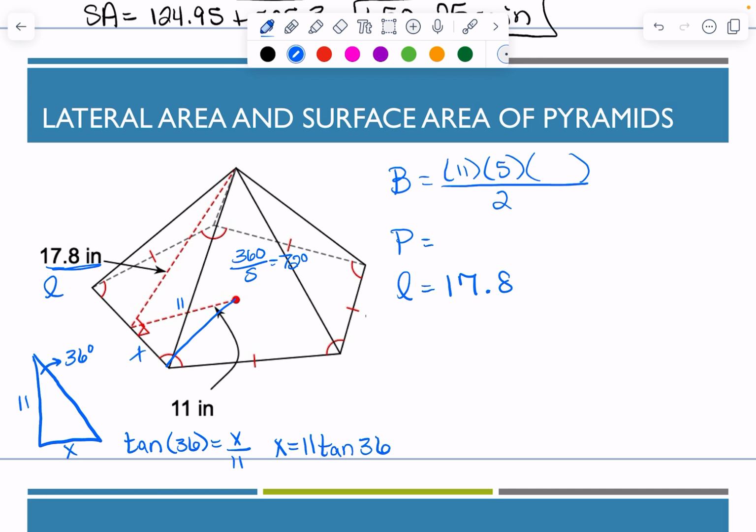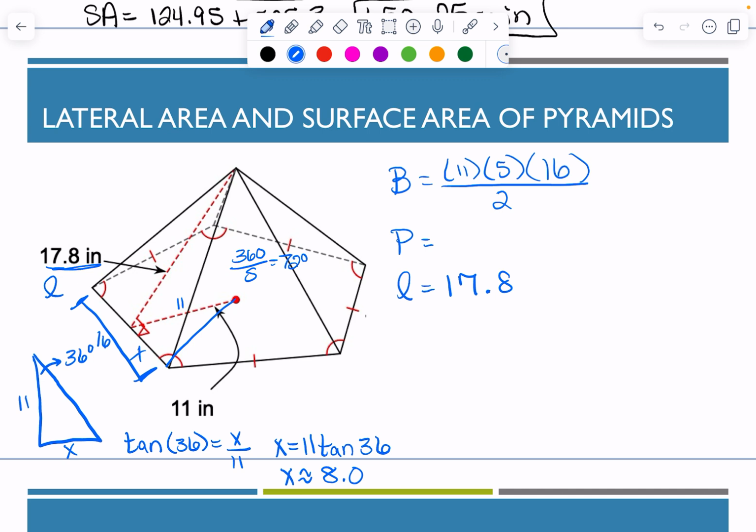So we take our calculator, 11 times tangent 36. That's going to equal approximately 7.99. So I'm going to take that and just call it 8. It's going to round up and round up, so I'm going to call it 8.0. Now remember, that's only half. So the full length is going to be 16.